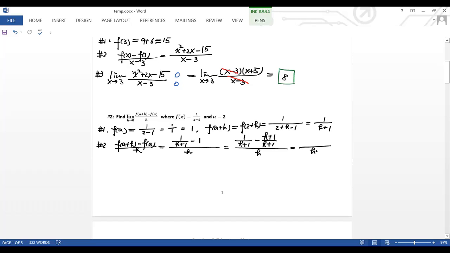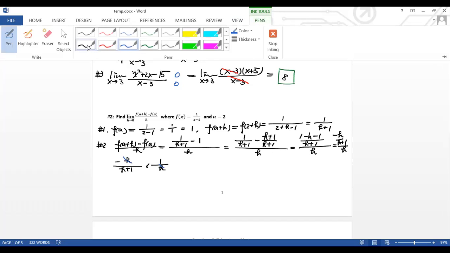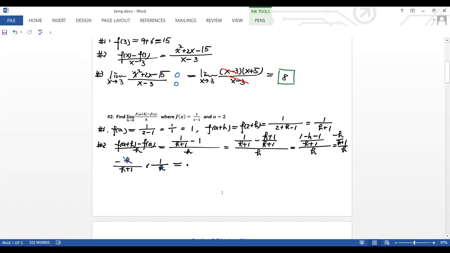So then here, this is 1 minus h plus 1. Be careful, this minus needs to carry to both, right? So I got negative h over h plus 1, all over h. Then simplify that. So this is negative h over h plus 1 times 1 over h. And what happened? Boom, boom, cancel. So that's good. And so I will have negative 1 over h plus 1.